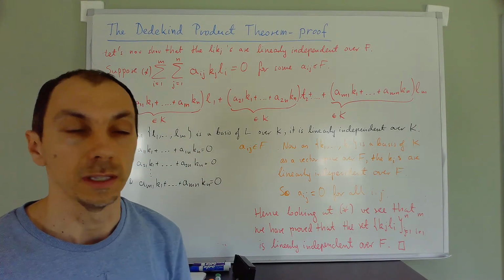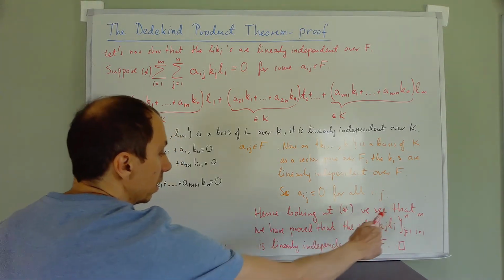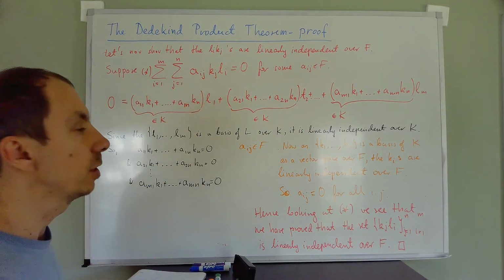So this proves linear independence. So that means the set of products is linearly independent over F, right? The a_ij's were in F.